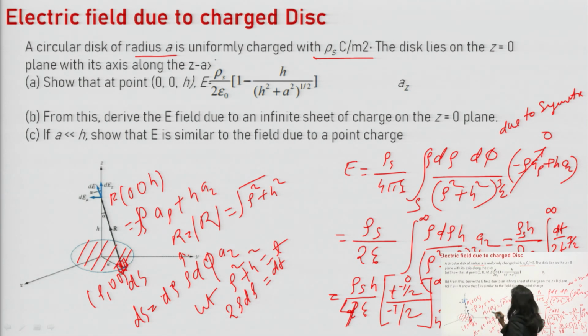Just a minute, here infinity will not be there because the radius rho is varying from 0 to a, so we will write 0 to a only.